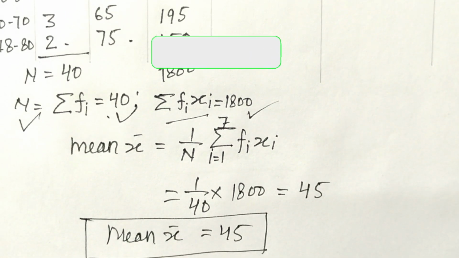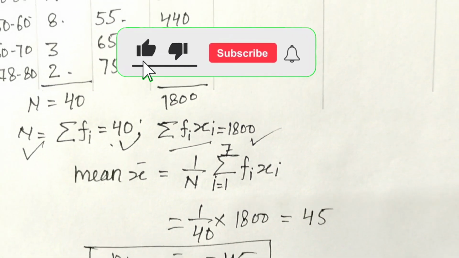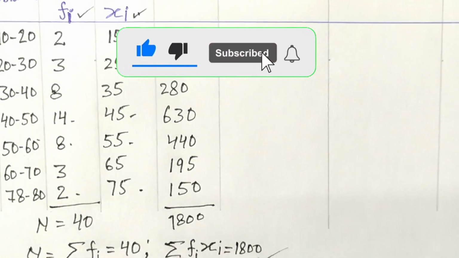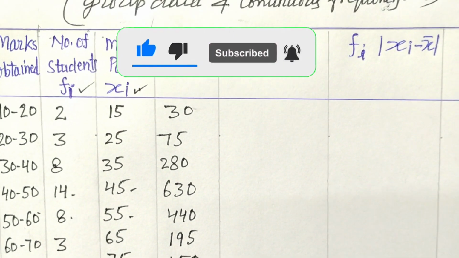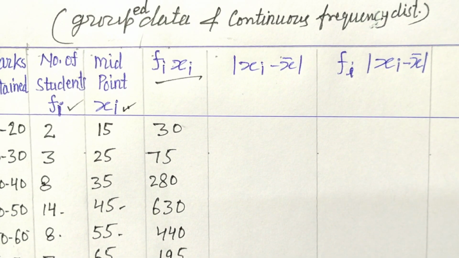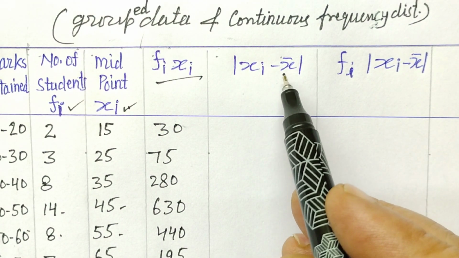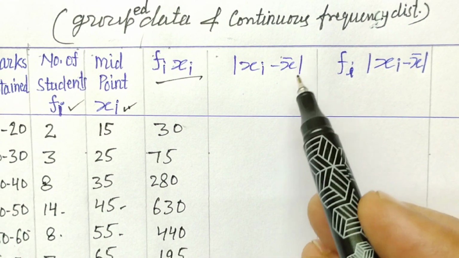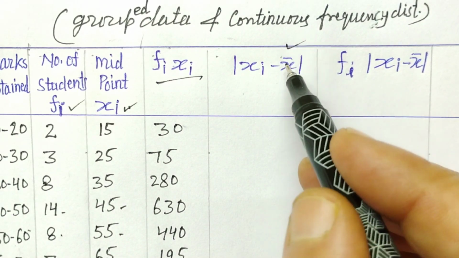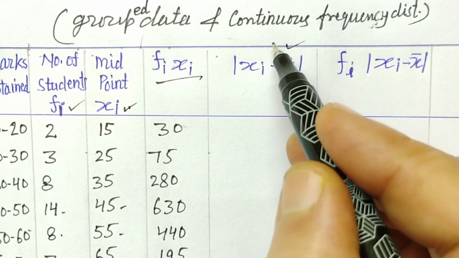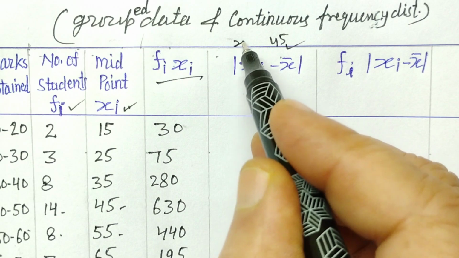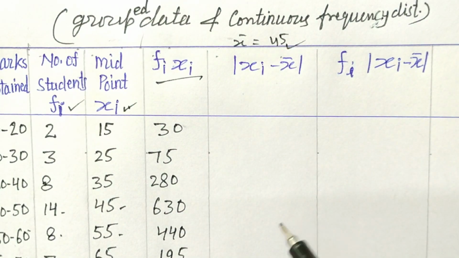Now we will get the mean deviation. Next step, we will take mod of Xi minus X bar, that is the mean. X bar is 45, right?